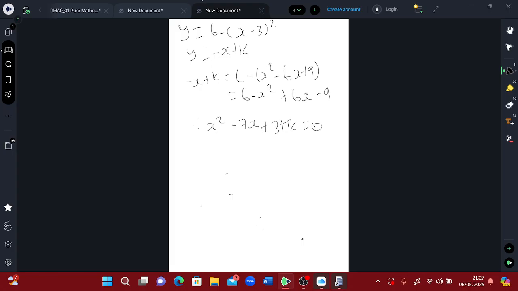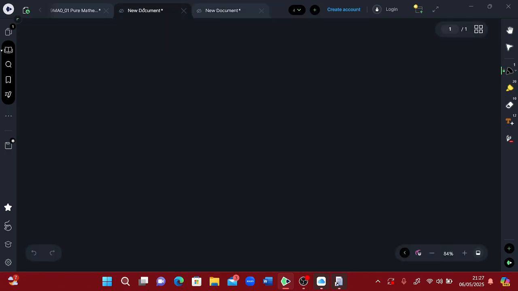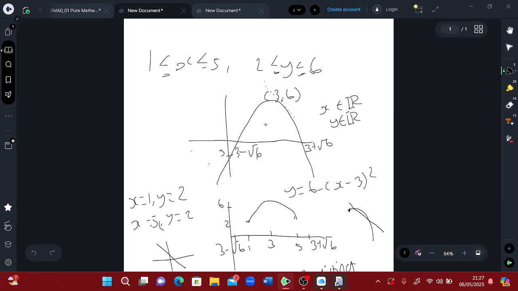Now, if we do the discriminant here, we can actually use this. You have to be selective when using the discriminant. If we use the discriminant for this curve and equate it to the line y equals minus x plus k, and set it to be 0, that tells us this point here, where b squared minus 4ac equals 0, when there's only one intersection.